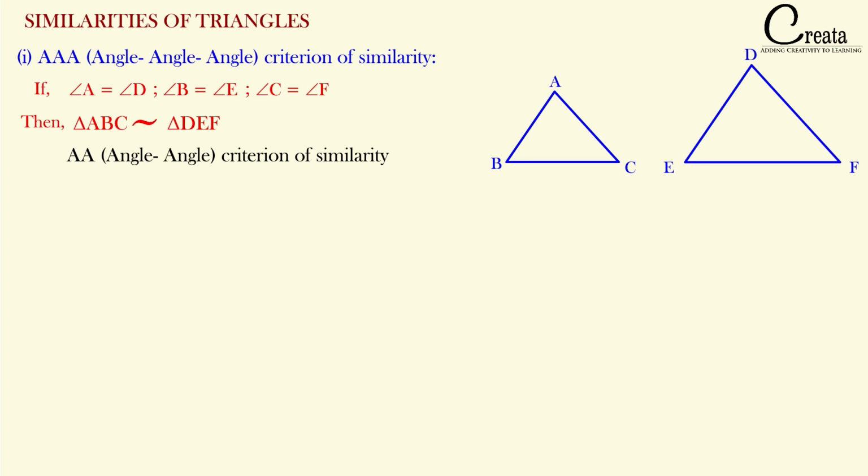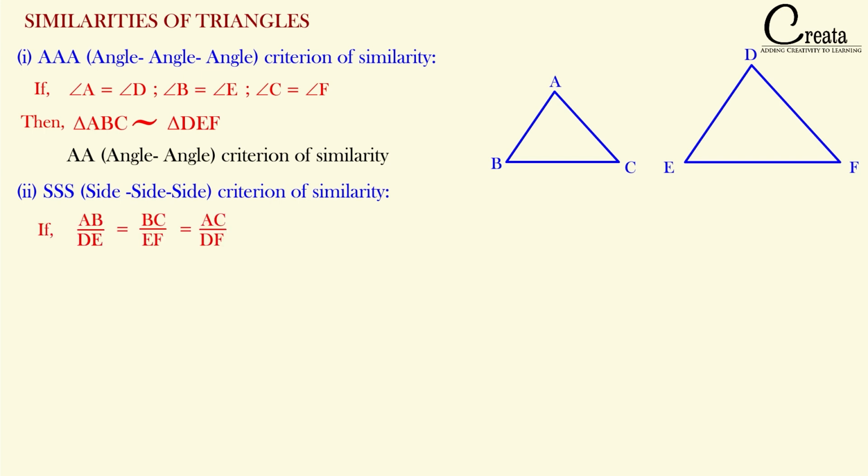Both are basically the same. The second criteria is SSS criteria, that is the side criteria, in which if the ratios of all the three corresponding sides are equal, then we can say that the two triangles are similar to each other. Note that here we are talking about the ratio of the corresponding sides, not the corresponding sides themselves. The ratio of the corresponding sides must be equal.